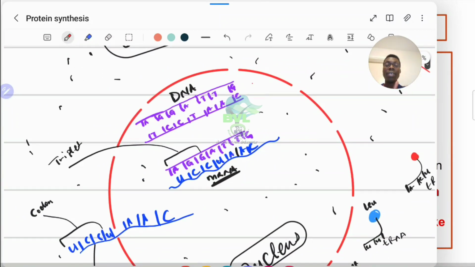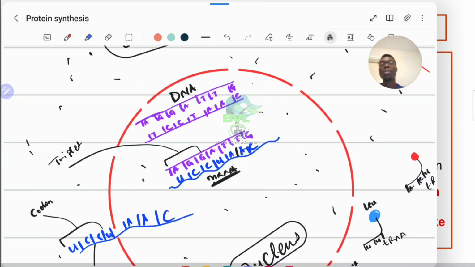It is very important to remember that this is a DNA structure that has the bases and the complementary base pairs like that. Now, because DNA is too big, the information on the DNA is going to be copied to a smaller version, and that smaller version is called mRNA.